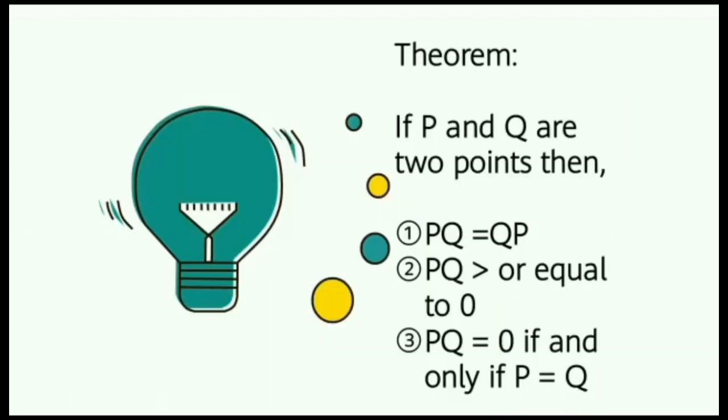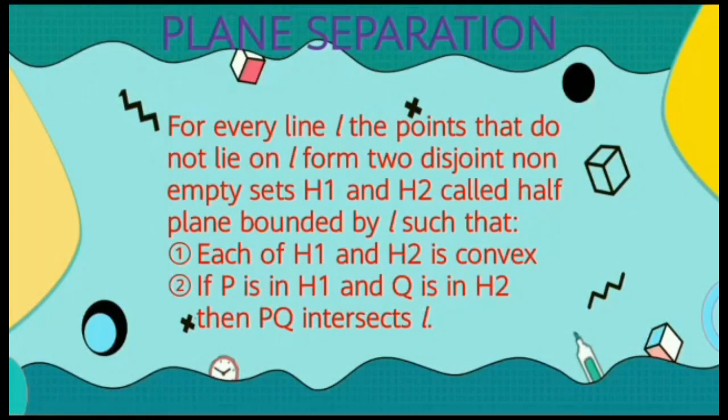Theorem. If P and Q are two points, then PQ is equal to QP. Second, PQ is greater than or equal to 0, and PQ is equal to 0 if and only if P is equal to Q. Okay, we're going to move to the plane separation topic. For every line L, the points that do not lie on L form two disjoint non-empty sets H1 and H2 called half-planes bounded by L such that each of H1 and H2 is convex.